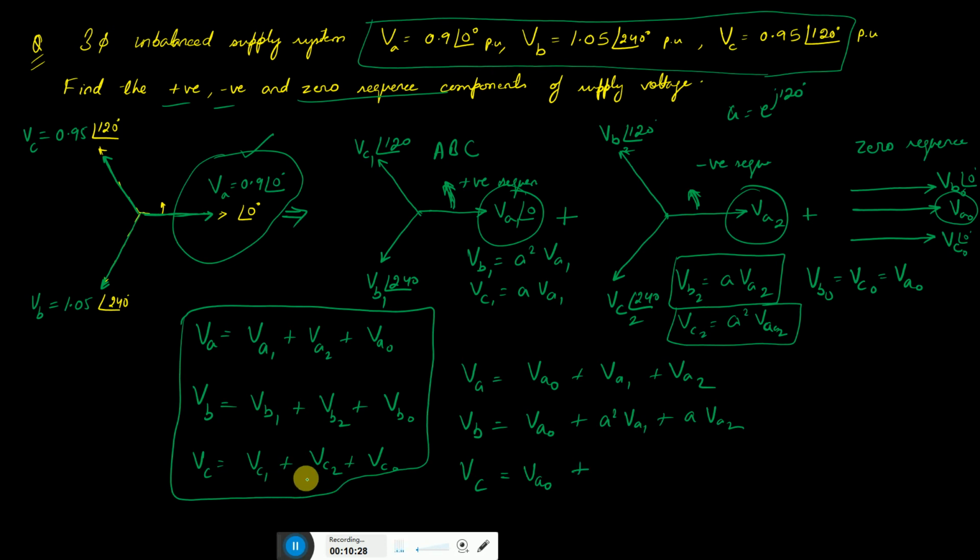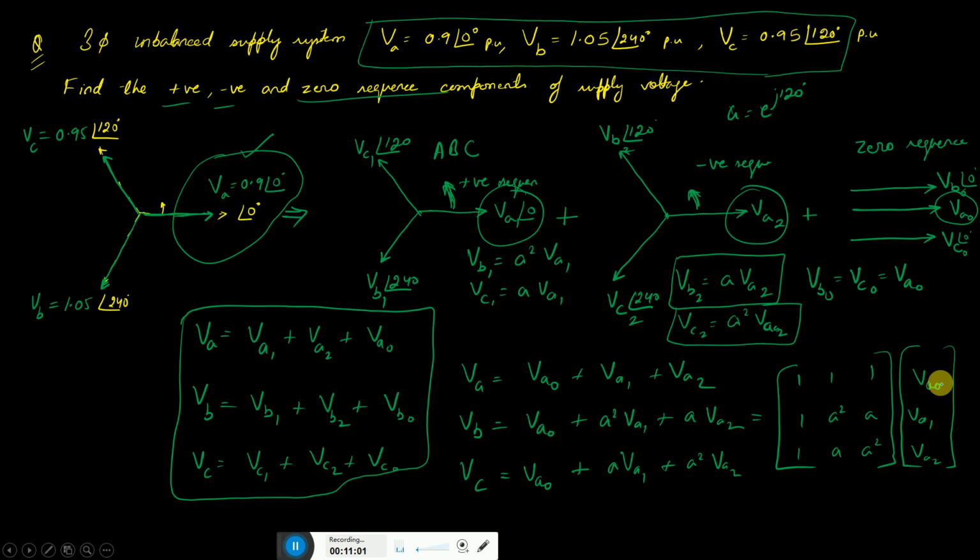VC1 is A times VA1, and VC2 is A square times VA2. And that we can again rewrite in matrix form: the matrix with rows 1 1 1, 1 A square A, and 1 A A square, multiplied by VA0, VA1 and VA2.